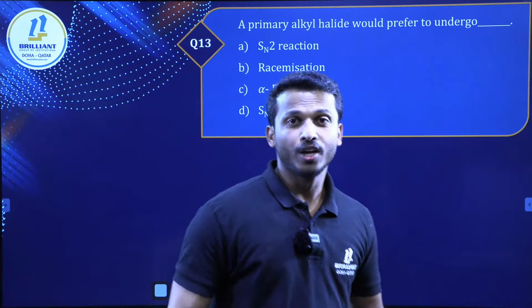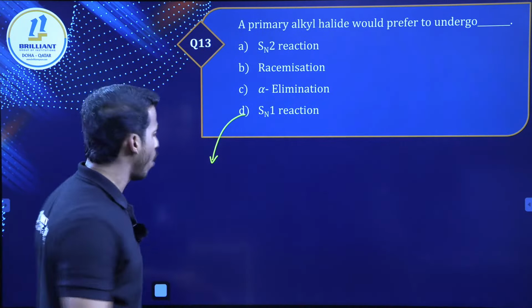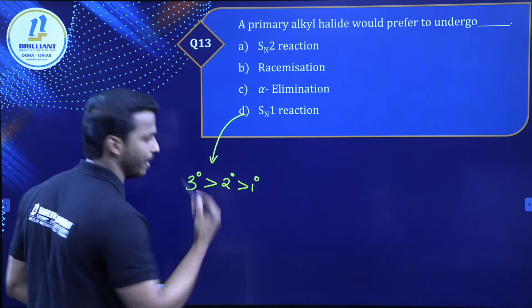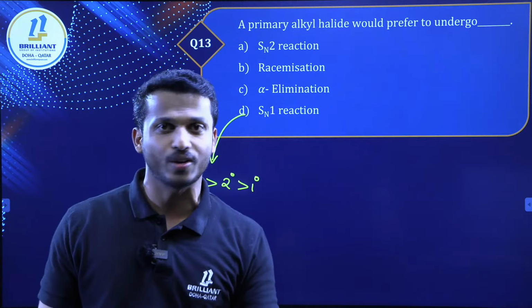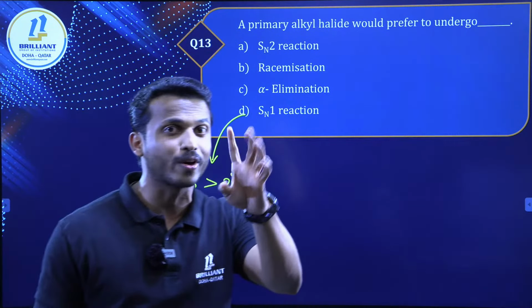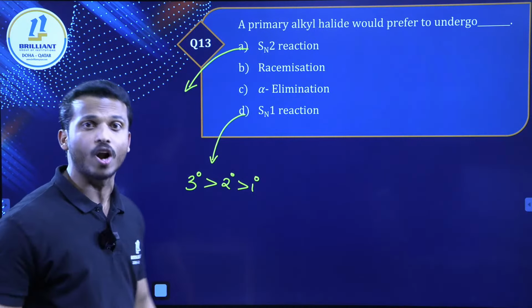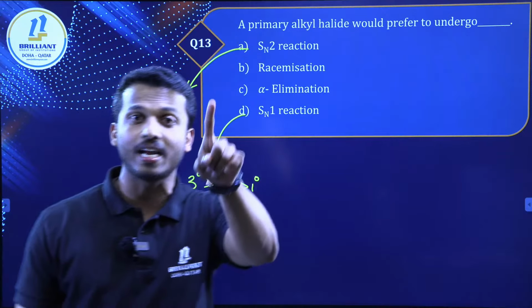You know very well, the SN1 reactivity order is tertiary greater than secondary greater than primary. A tertiary haloalkane undergoes SN1 reaction faster because of the stability of the carbocation. Whereas the SN2 reaction depends on steric hindrance, which is least in primary.